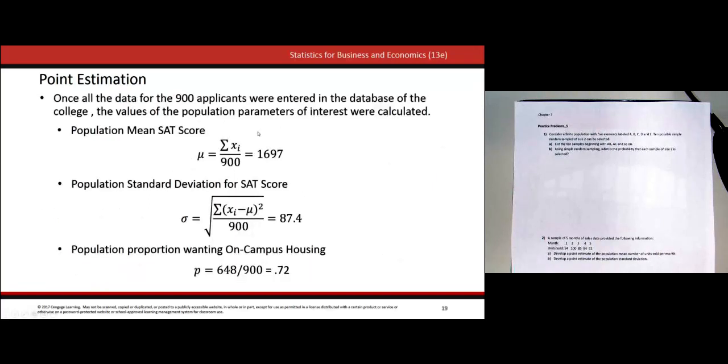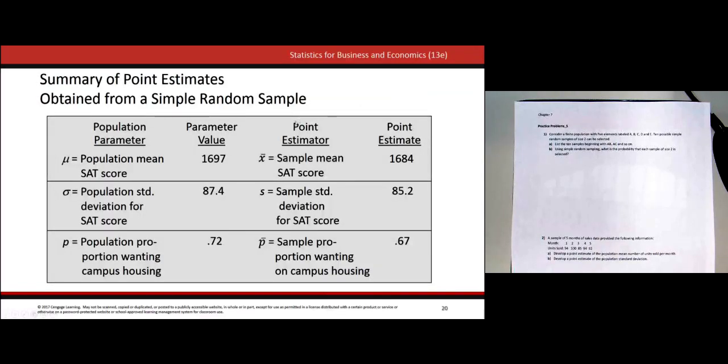But now, okay, assume we enter all the data, and now we calculate the exact results. So this is the exact mean, the population mean. And this is the population standard deviation, and exactly 72% want to live on campus housing. Since we calculated the exact population parameters, like population mean, population standard deviation, and population proportion, we can compare our sample results with these population parameter values.